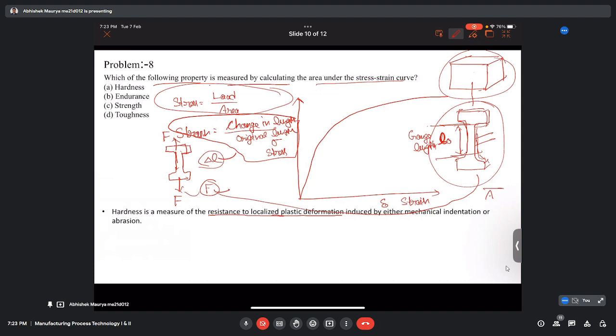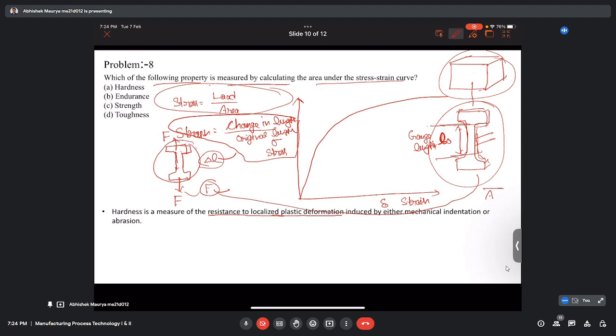But what actually has happened when the machine has applied load on this sample? This complete sample has deformed plastically.